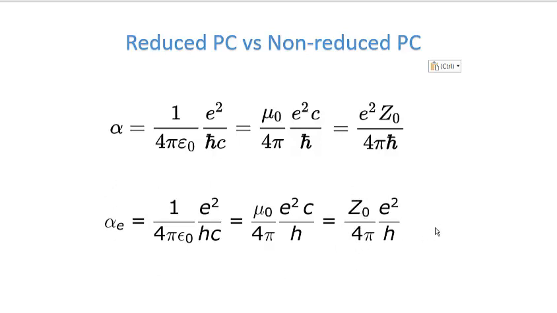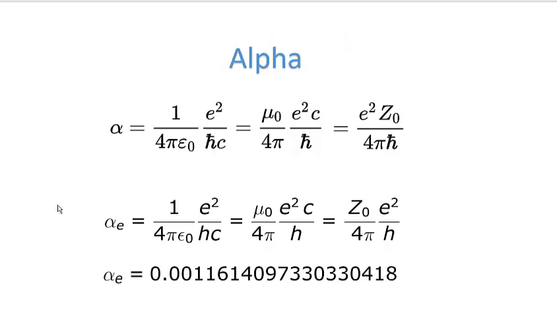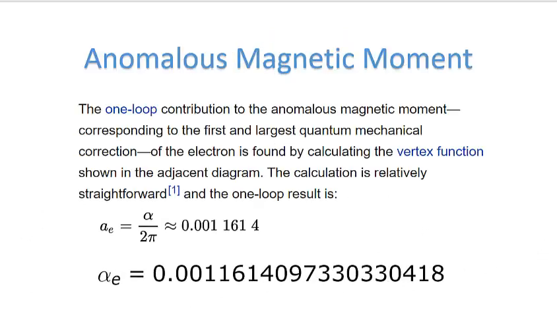And so when you do this calculation, you get this value here, and this value here is the anomalous magnetic moment. Of course I've written it to as many decimal places as my computer spits out, but this is identical to the anomalous magnetic moment, which is alpha divided by 2 pi.